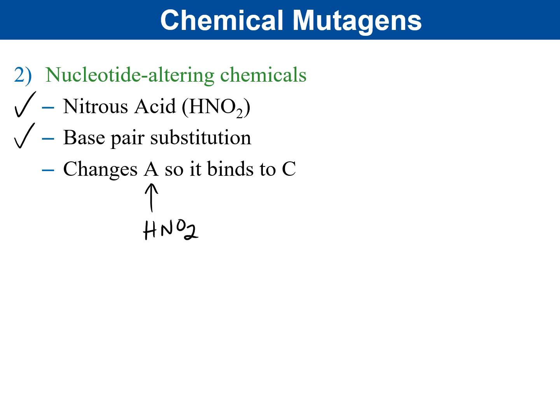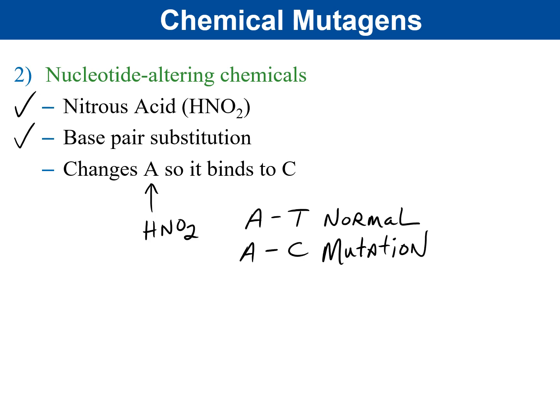HNO2, nitrous acid, will modify the A so that it no longer binds with T. So A, which should bind with T normally, then ends up binding with C. And this is a very strange and unexpected mutation.